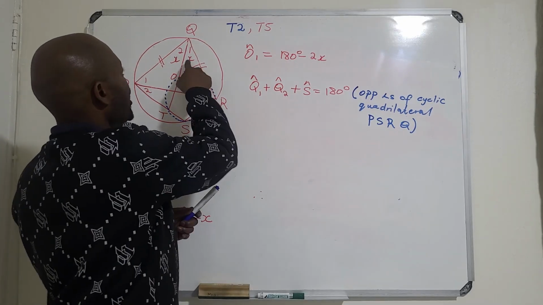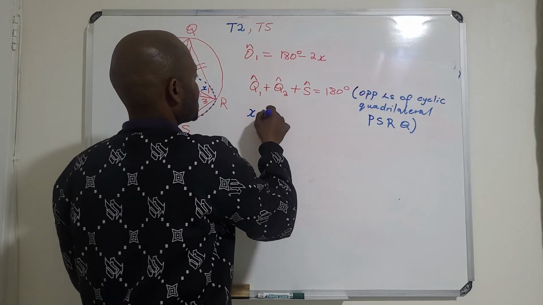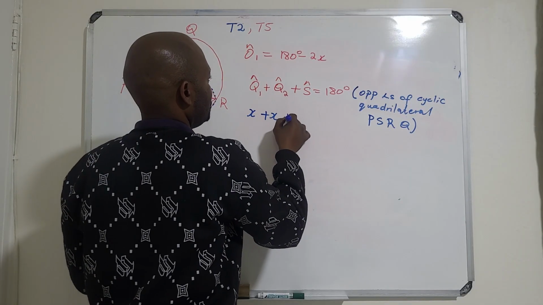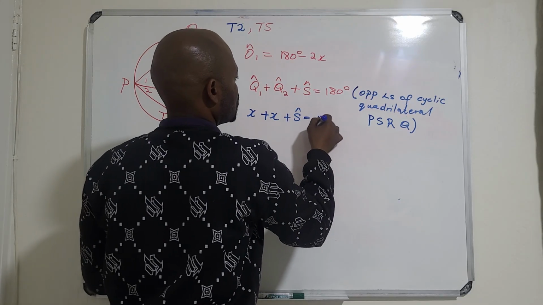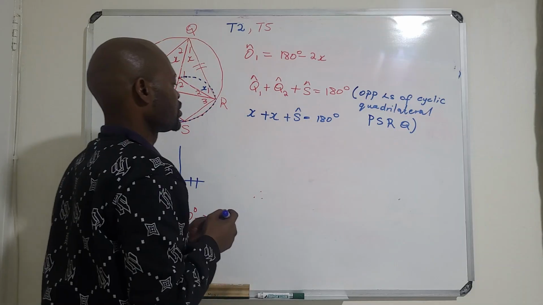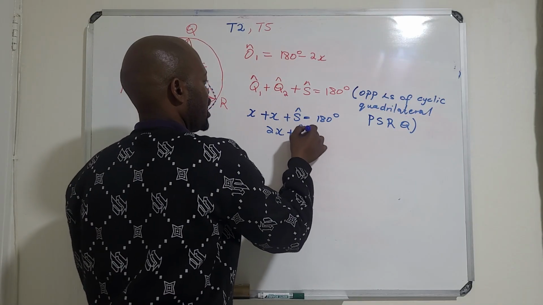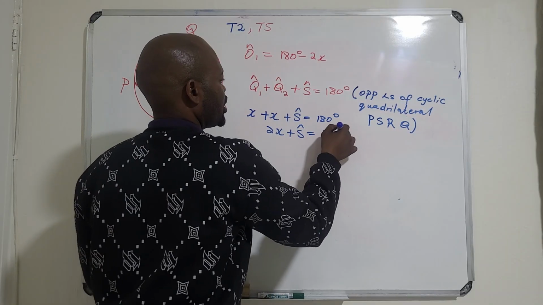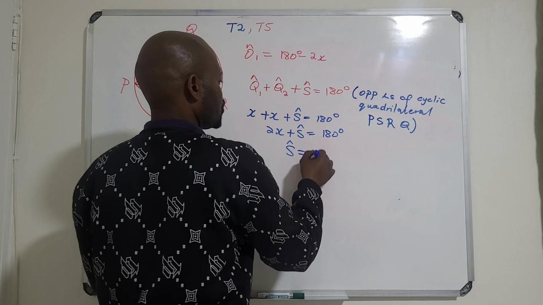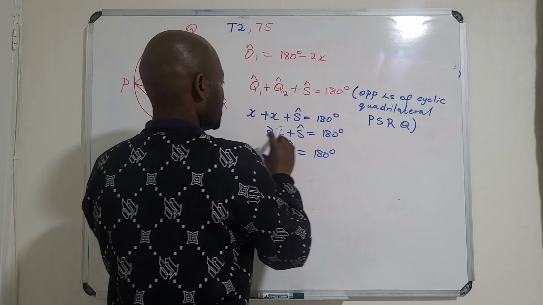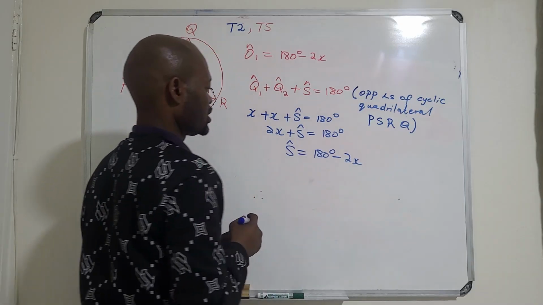Now, we know that this is x plus x plus angle S, which is equal to 180 degrees. When I have 2x plus angle S equals 180 degrees, we take this to the other side, which is minus 2x.